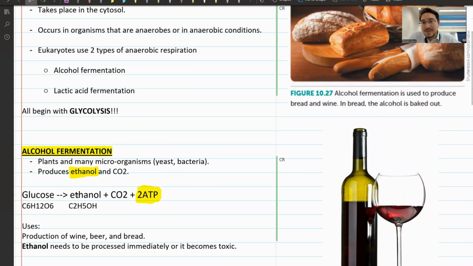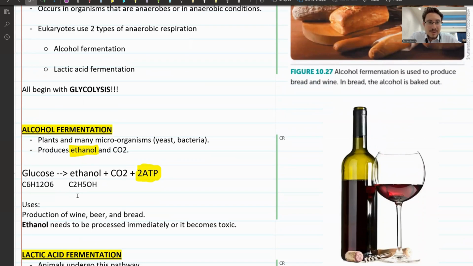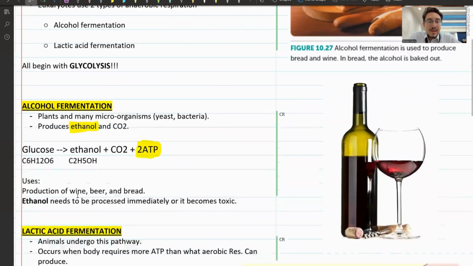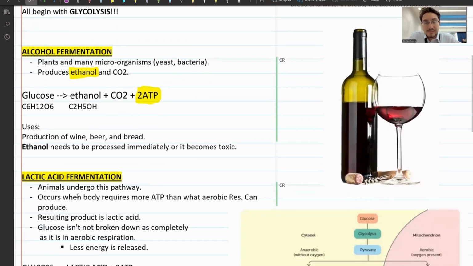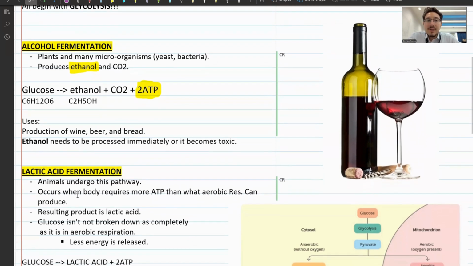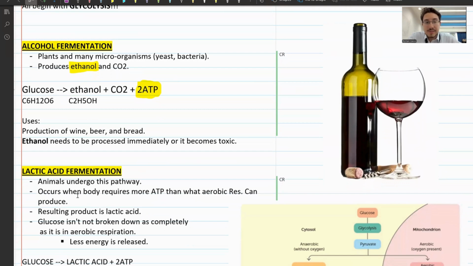It's because it evaporates so easily, so you never would feel that. And of course, ethanol does need to get processed within these organisms, or in itself, it could become toxic to the organism and basically kill it, right? So this is alcoholic fermentation or alcohol fermentation.